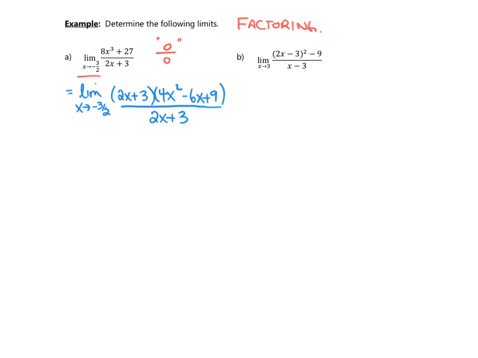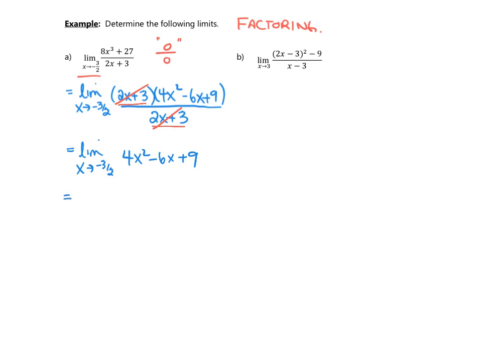So now you'll note, of course, the most important and the key step is that this problem piece of 2x plus 3 on both the top and the bottom now cancel out, and you are simply left with taking the limit as x approaches negative 3 over 2 of 4x squared minus 6x plus 9, which I think you could see that you definitely don't get 0 over 0, and so we now turn to substitution.